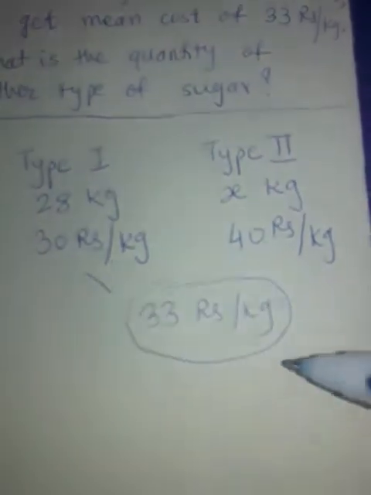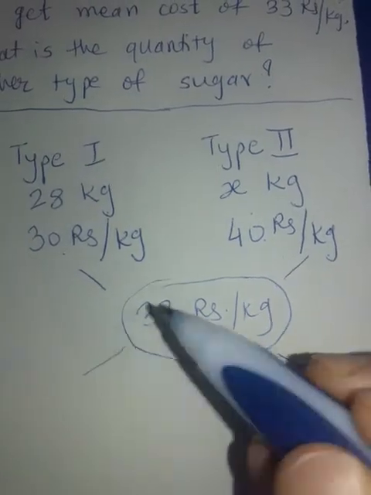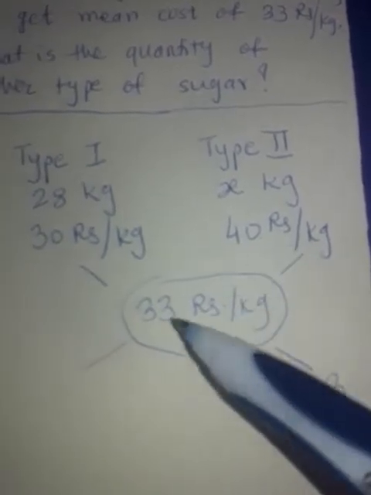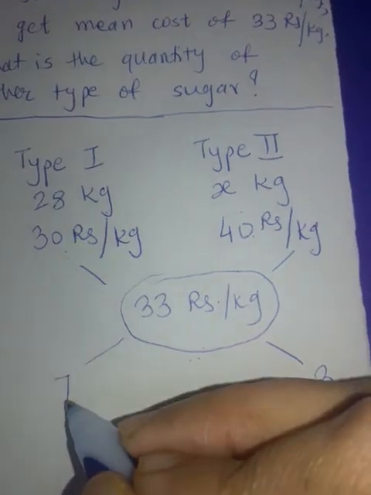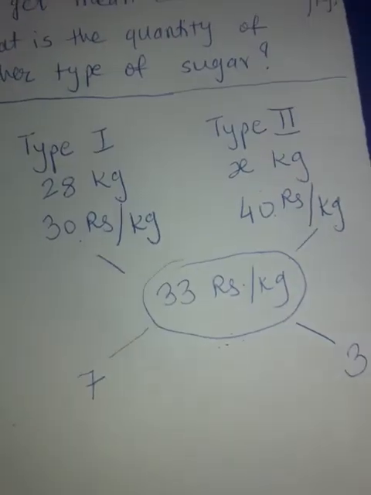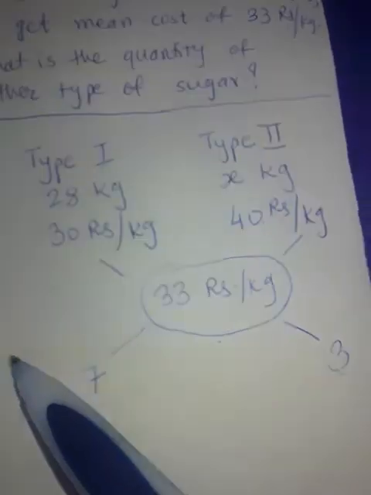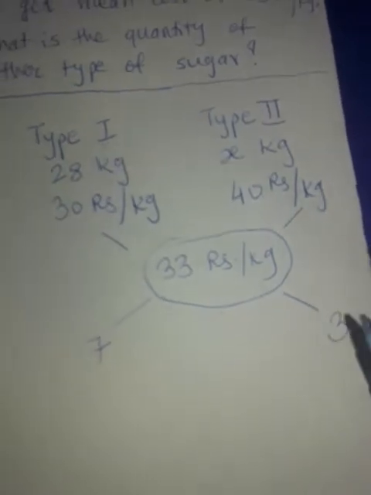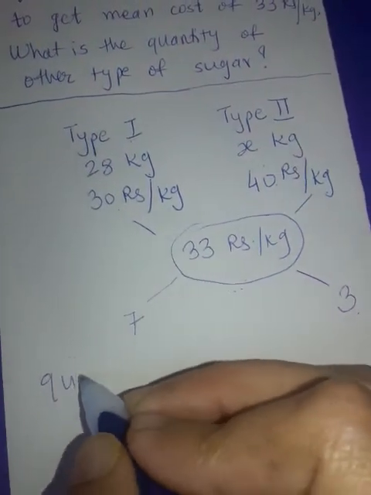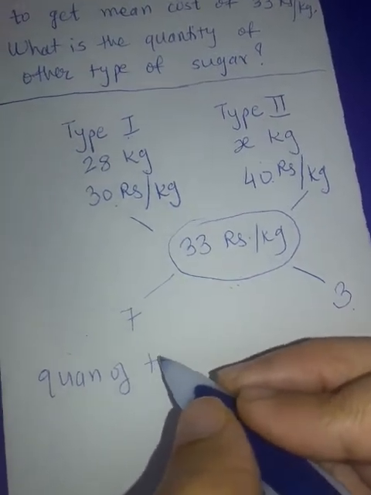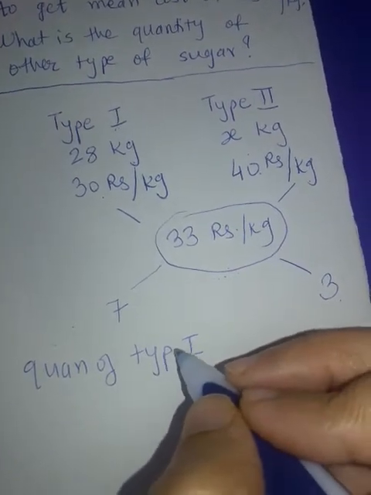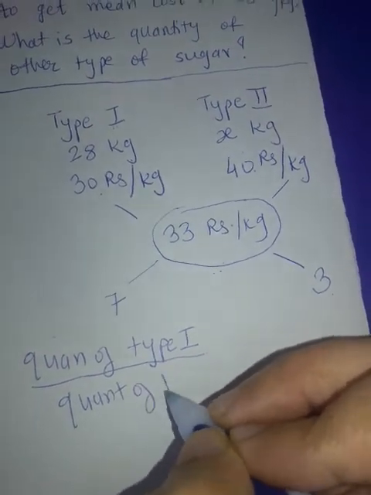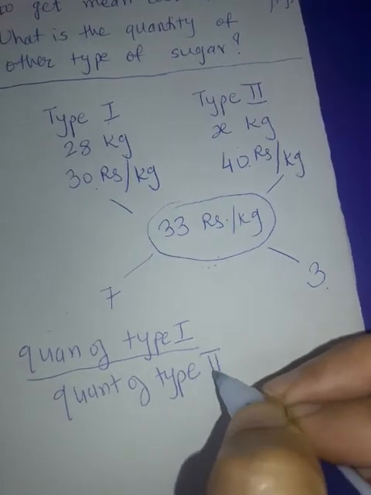So now I am going to apply the alligation rule. 30 and 33, positive difference is 3. 40 and 33, positive difference is 7. And what does the alligation rule say? Quantity of type 1 upon quantity of type 2.